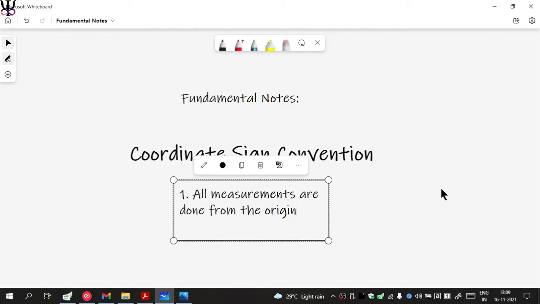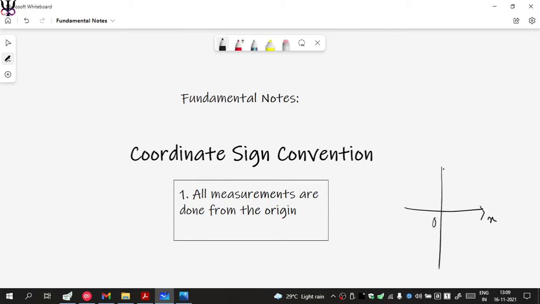Basically, if there is an x-axis and a y-axis, and this is the origin, this is the positive direction of x and this is the positive direction of y, every measurement has to be done from the origin.